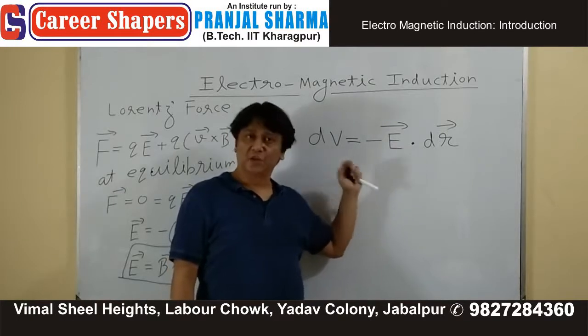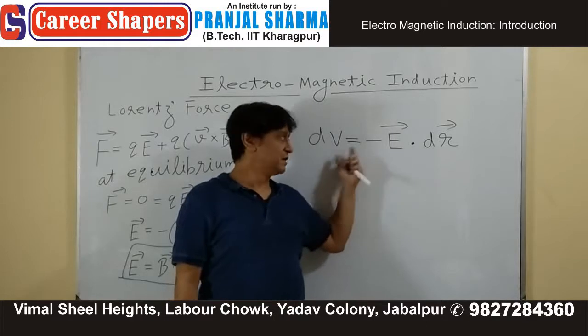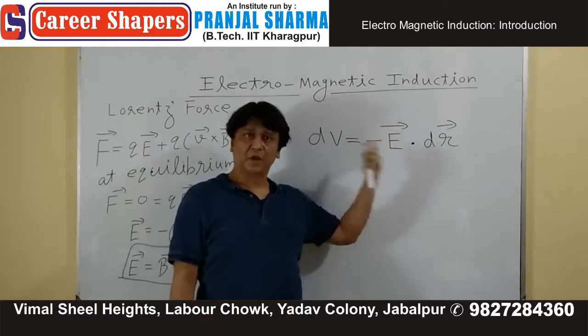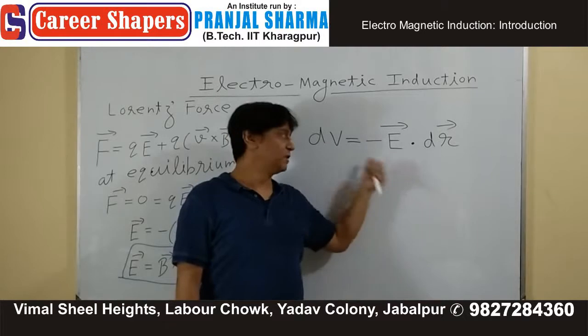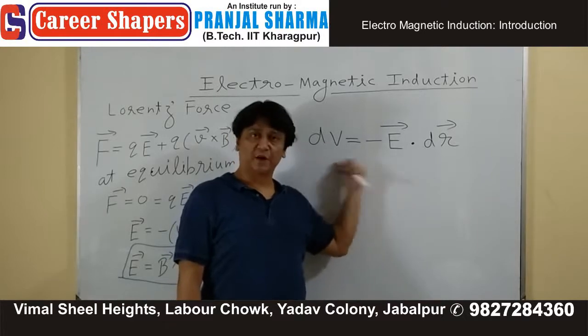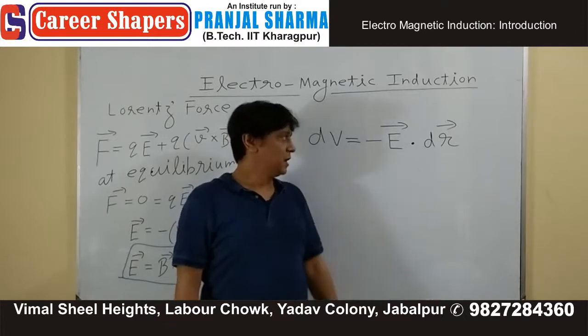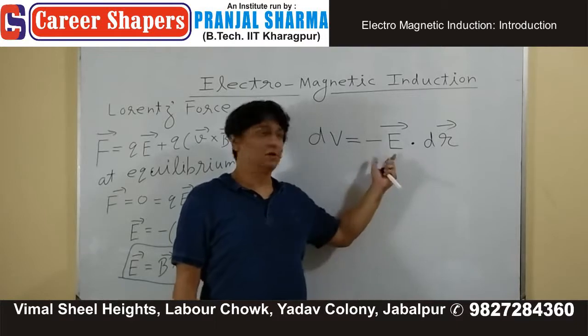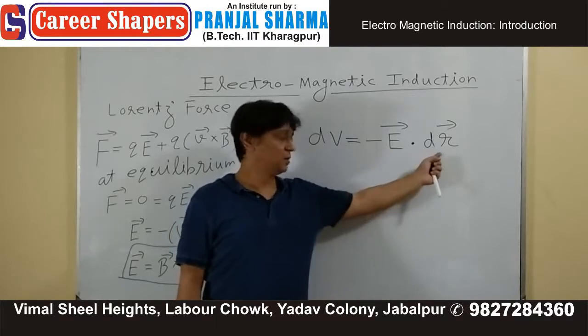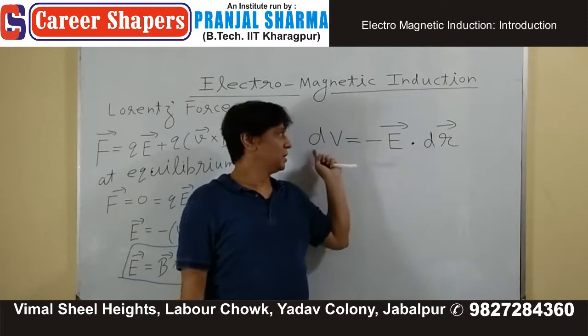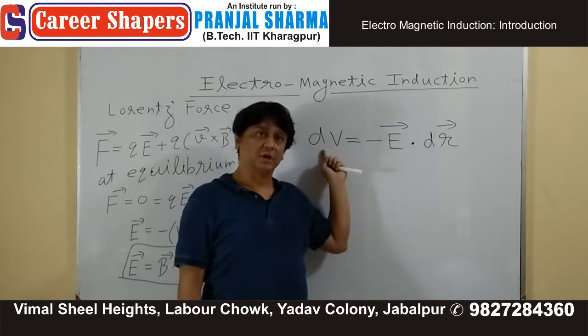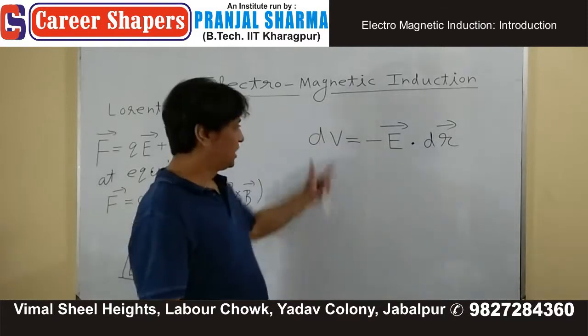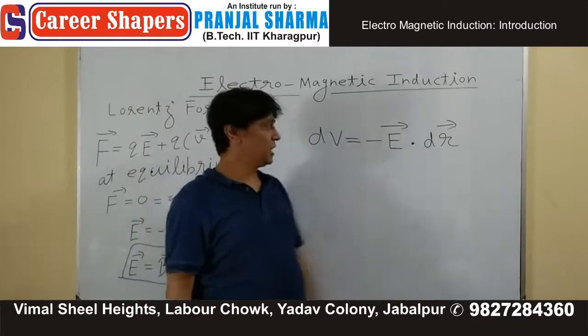If somebody is confused or doesn't remember this, then after the class, just send a request and I will give you the lecture where I explained all these things. And this is nothing but work, change in energy. So dV is minus of E dot dr.